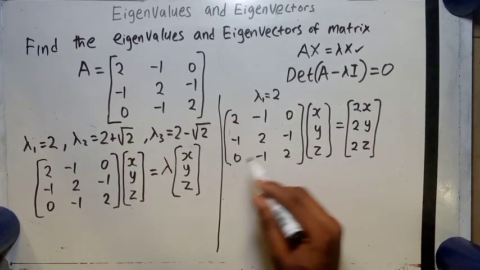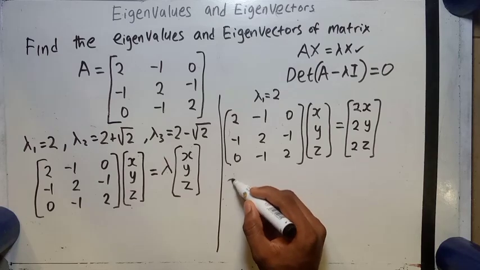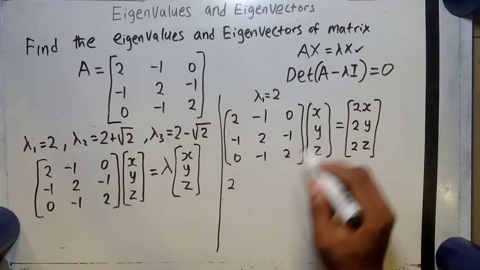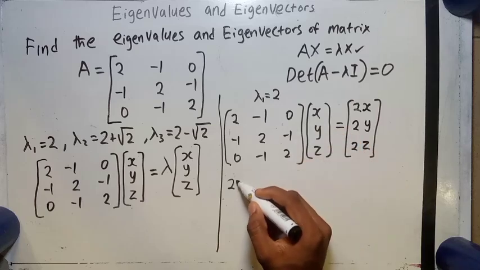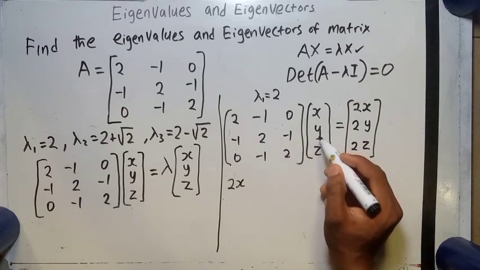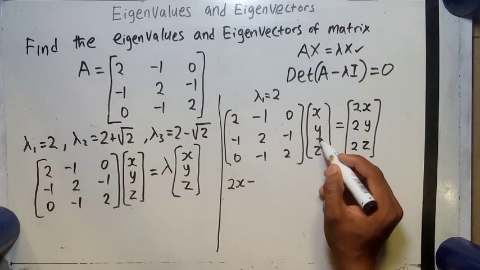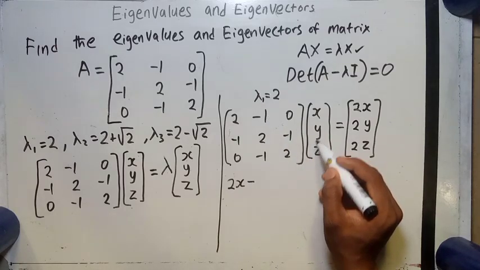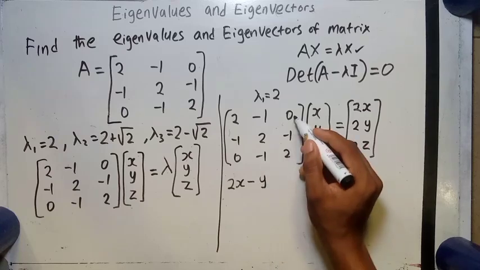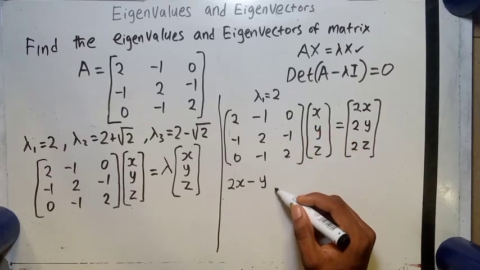Okay, now converting to the normal equation form, we're going to be having 2 times x plus minus 1 times y plus 0 times z, which is 0.